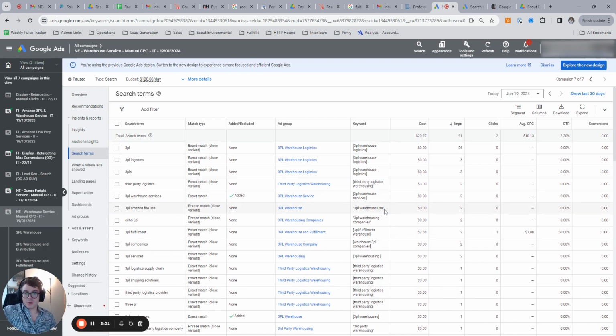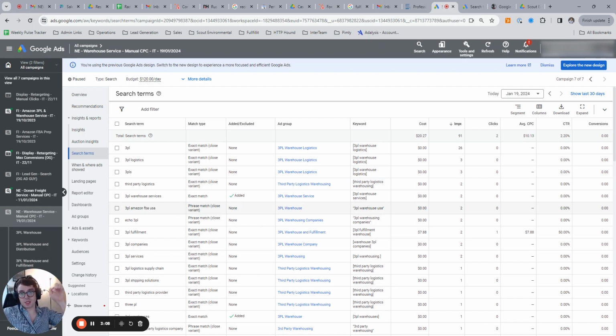Phrase match. That's designated by the parentheses. The way this setting works is it tells Google to target any search terms that include the phrase within the brackets. So 3PL warehouse USA as a keyword would pull in search terms that exactly match it, aka 3PL warehouse USA as a search term, or include 3PL warehouse USA as a phrase within the search term.